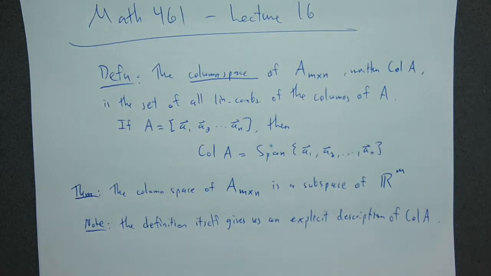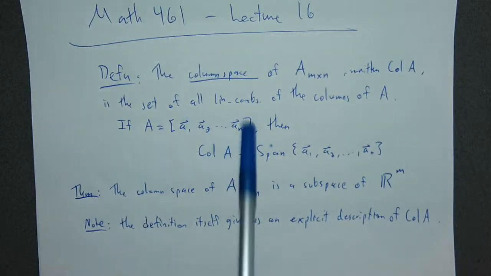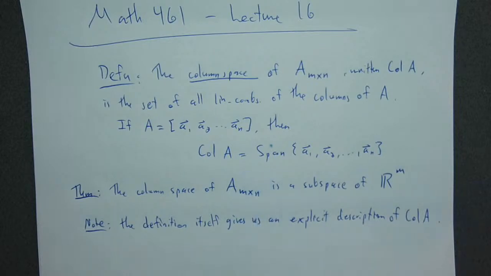And when I asked that, we had to do some work to figure out that the null space of A was the span of some vectors that we found. But the definition of the column space gives it automatically as a span of an easy list of vectors. It's just the columns of A. So to come up with an explicit description of the column space is trivial because it's just given to you in the definition.